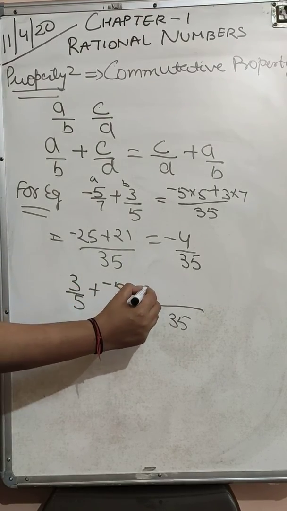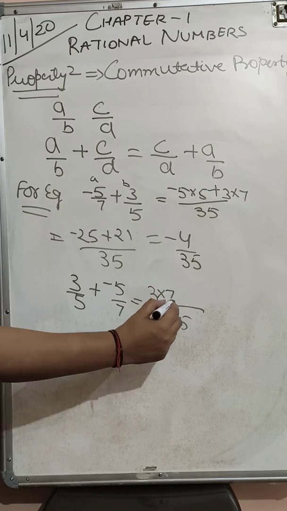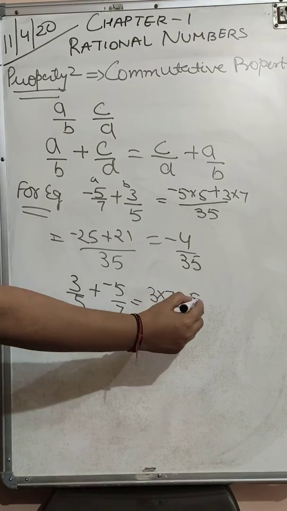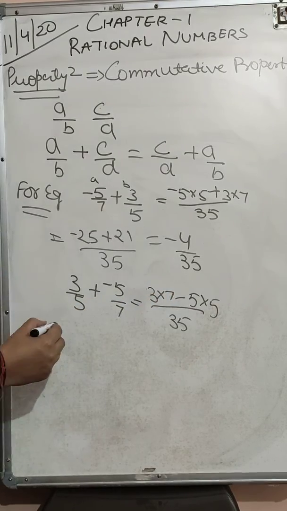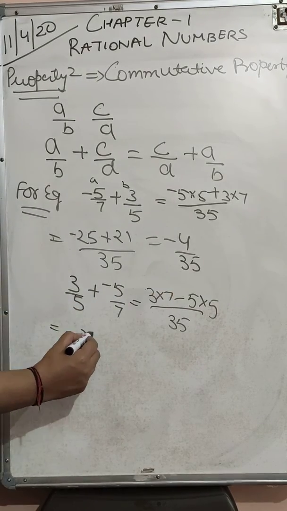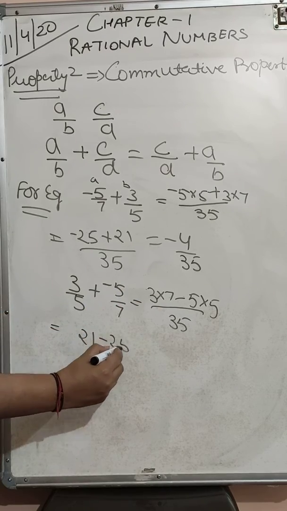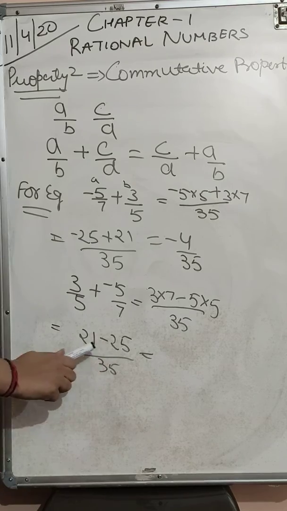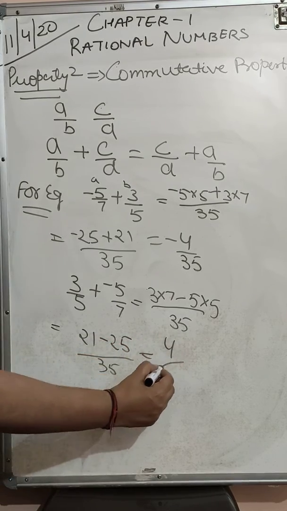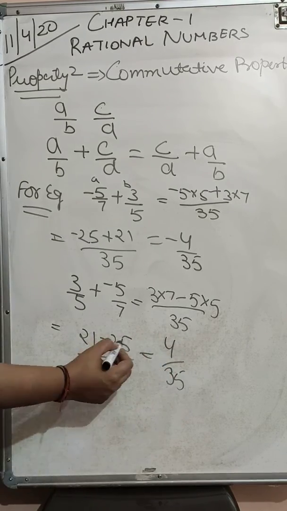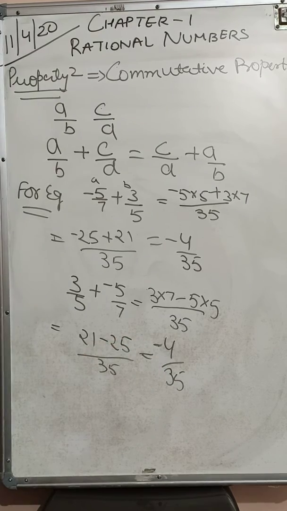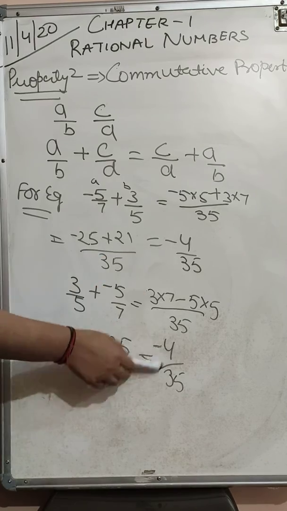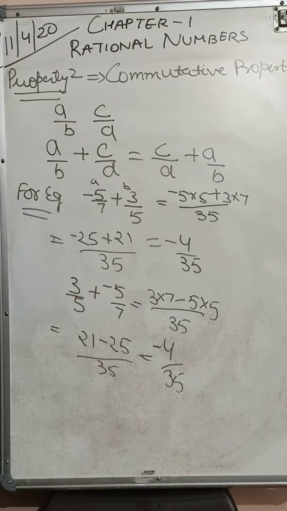Now 3 into 7 is 21, minus 5 into 5 is 25, upon 35, which is equal to 25 minus 21 is 4 upon 35. Sign will come of the greater number, 25. See, in both the cases answers are same. Thus the property is verified.